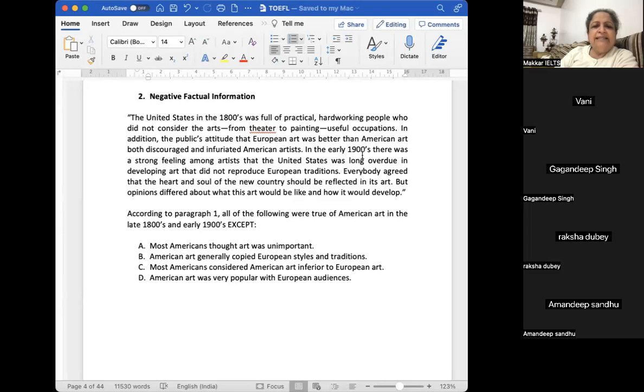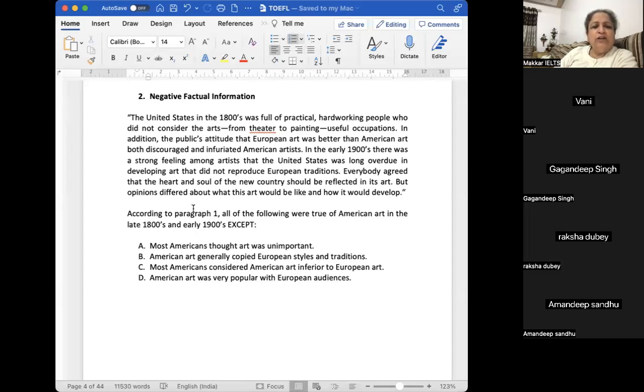In the early 1900s, there was a strong feeling among artists that the United States was long overdue in developing art that did not reproduce European traditions. Everybody agreed that the heart and soul of the new country should be reflected in its art. But opinions differed about what this art would be like and how it would develop.